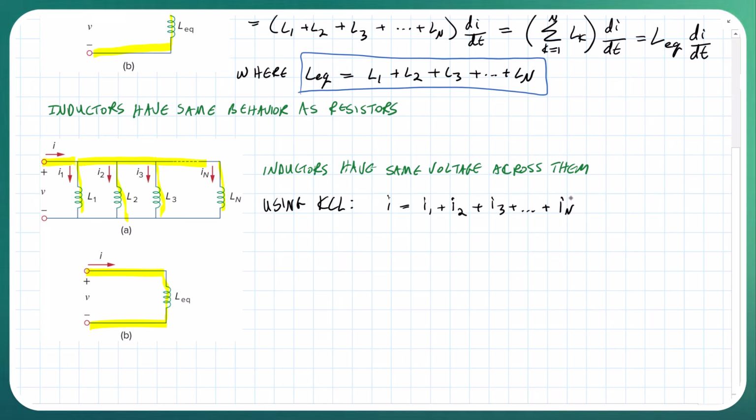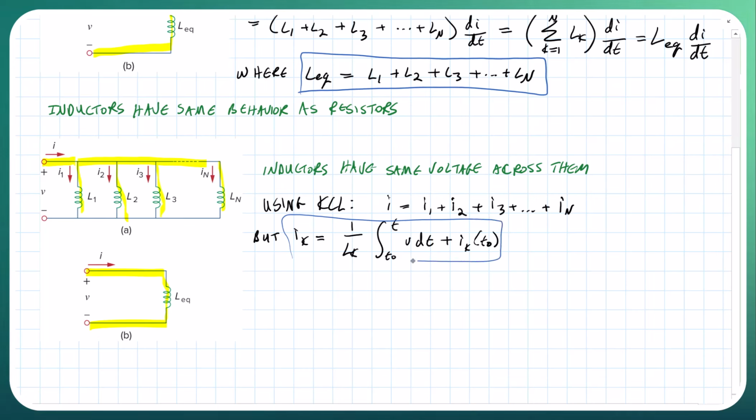Alright, and then we can substitute. We know I sub k is equal to 1 over L sub k, the integral from t naught to t of v dt, plus I sub k at t naught. So we're going to take this relationship and substitute it into the above equation.